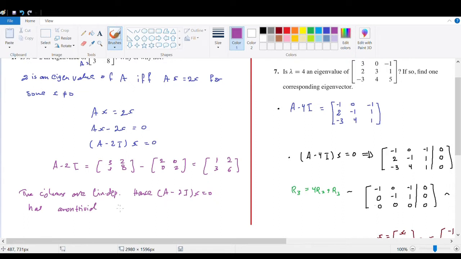That means x is not equal to 0, and 2 is an eigenvalue of the matrix A.